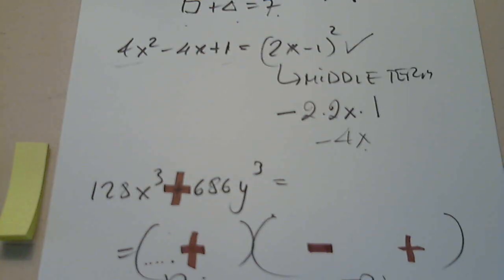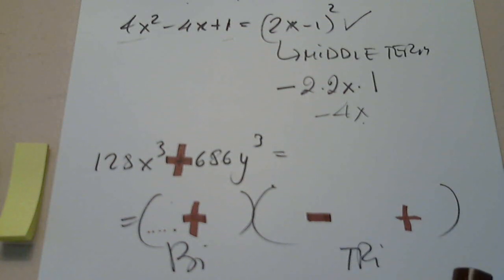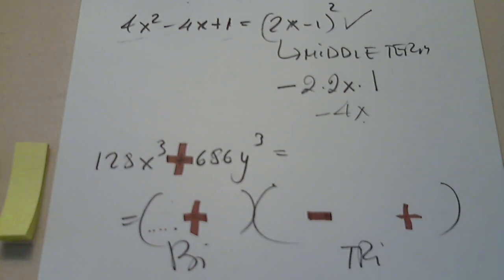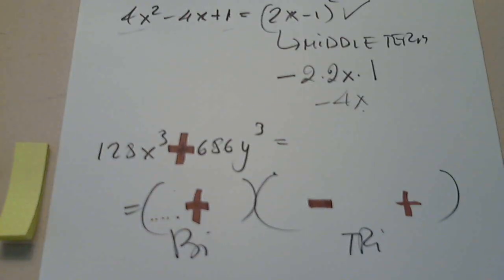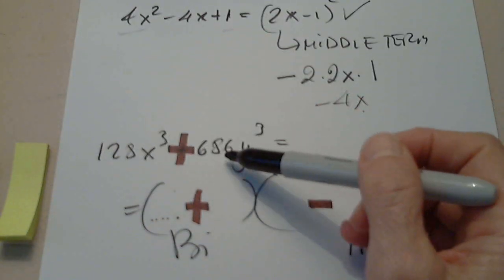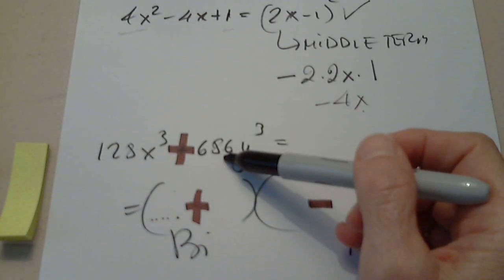And yes, because I didn't take my own advice. First, I have to factor out the greatest common factor. If I don't, I will not get anywhere. Sorry. So 128 and 686 have a common factor.